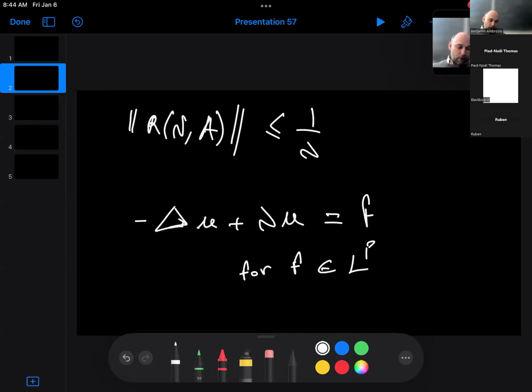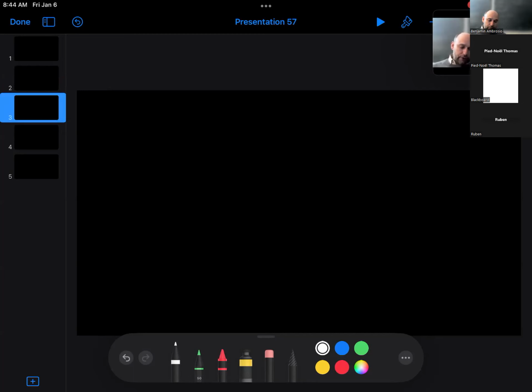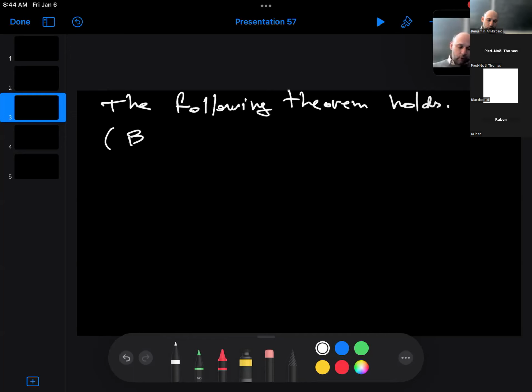Okay, so we have the following theorem. I took it from the book of Brezis about functional analysis, PDE, and stuff. This is a Springer, 2010.